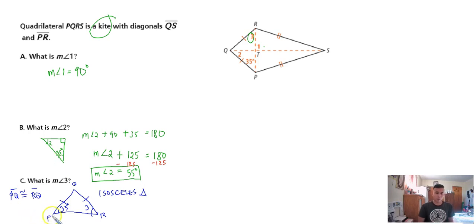So if the measurement of angle P here is 35, then the measurement of angle 3 is also 35. So I can now conclude that the measurement of angle 3 is equal to 35 degrees. And my justification here is that the triangle given is an isosceles triangle, and in an isosceles triangle, the base angles are always congruent.